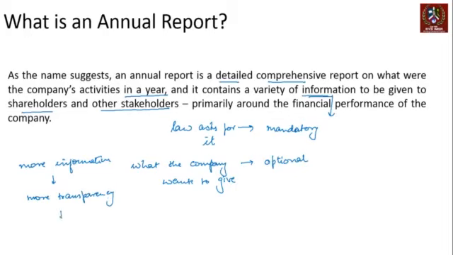And if there is more transparency, typically this is a good company with a good management. When we say that, we are saying that usually the more information you are giving, the less likely you are to hide any information.